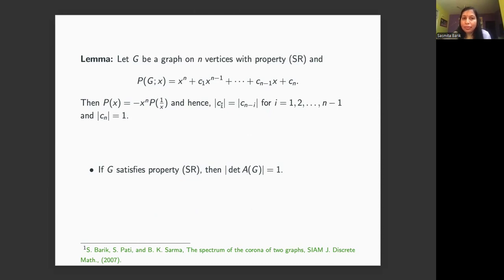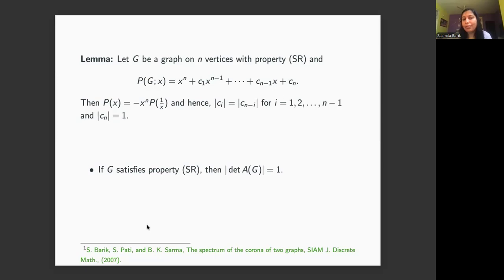Now, if the polynomial is palindromic or anti-palindromic, that means the modulus of the coefficient Ci is the same as the modulus of C(n minus i). Because your polynomial is monic, if the graph satisfies the strong reciprocal eigenvalue property, then the coefficient Cn, that is the determinant of the adjacency matrix, will be either plus 1 or minus 1.